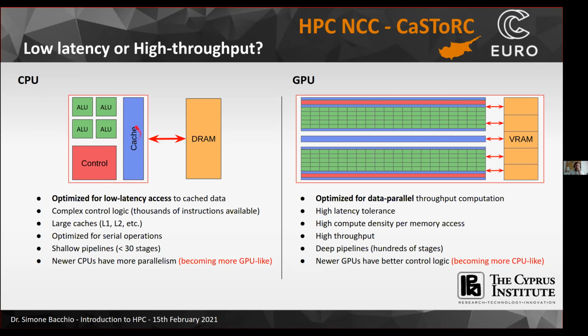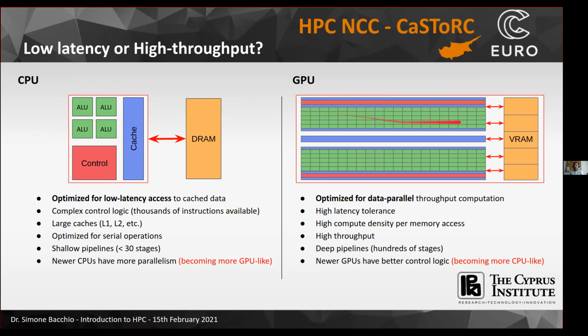So it has a very big cache. It has a very big control unit, which manages the data access and the operations that the CPU performs. And all of this makes a CPU.